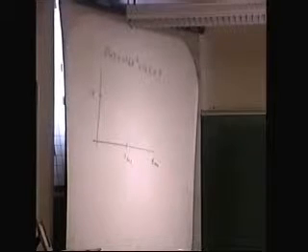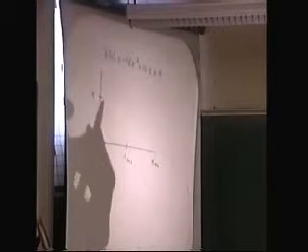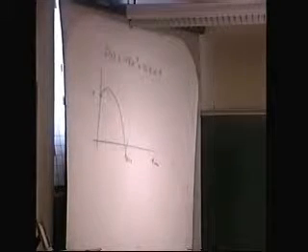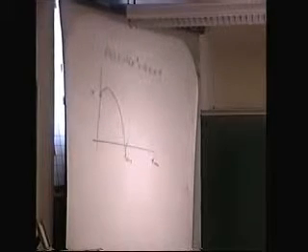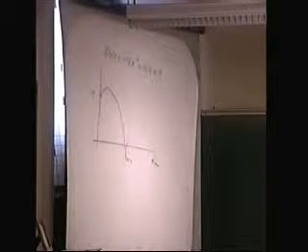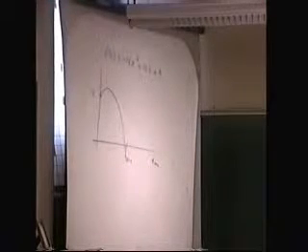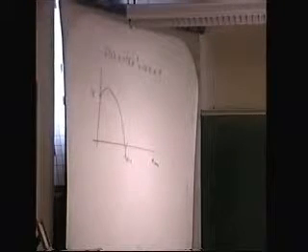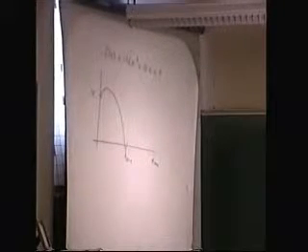What's going to happen is this thing is going to go up in the air a little bit, and then it's going to drop down, isn't it? What I'm interested in is the highest point that it comes to, its maximum height.